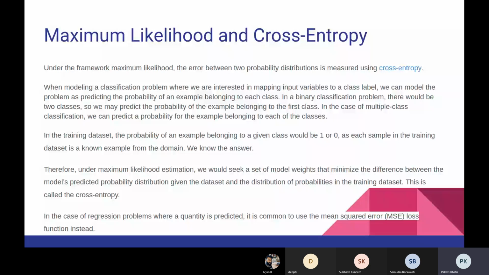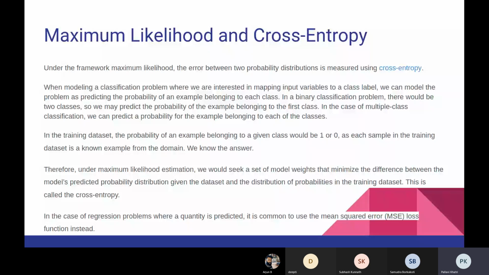Under this framework, the error between two distributions is measured using cross entropy. Cross entropy basically is a measure of... I can give the clear definition after we do this.